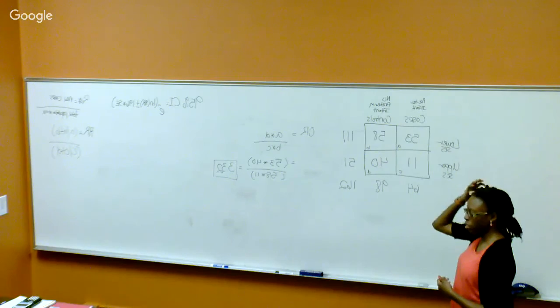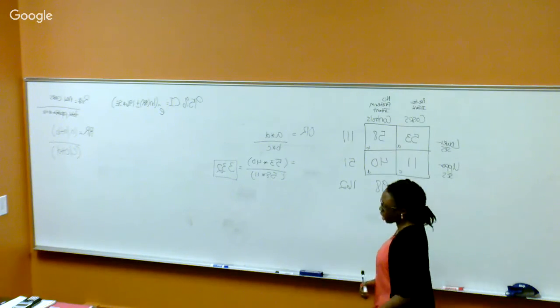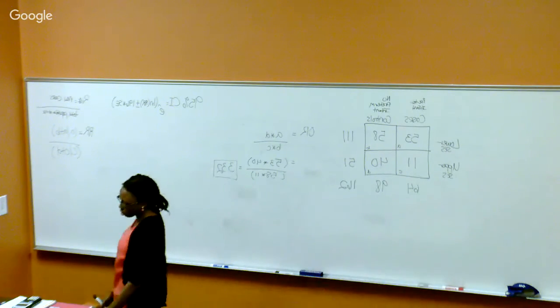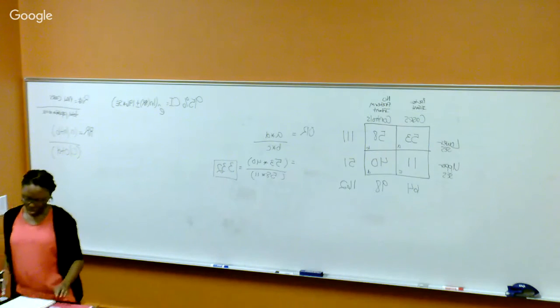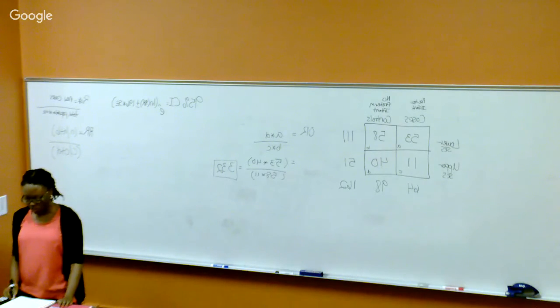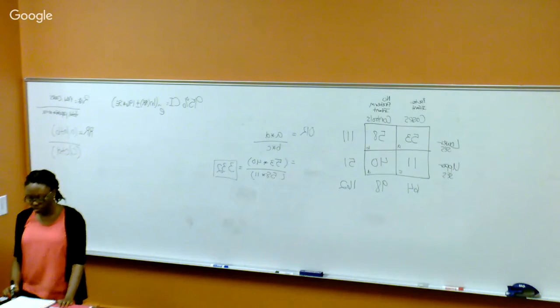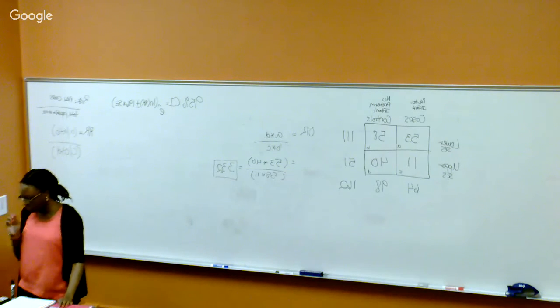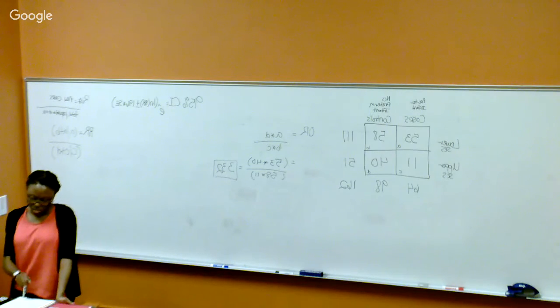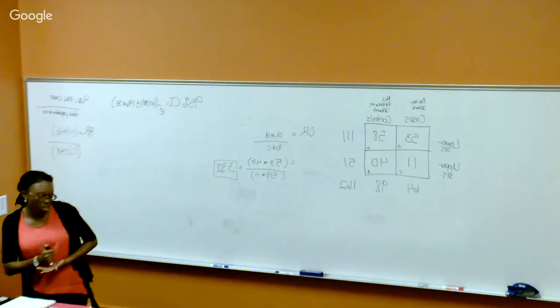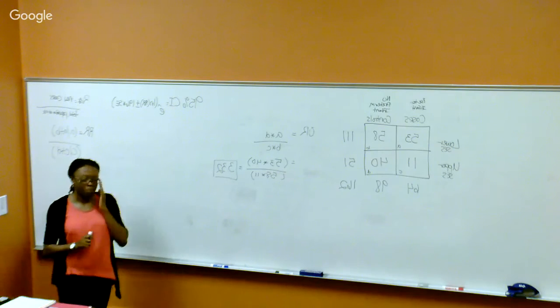Okay. So the next part is asking for the 95% confidence interval. So what do we need to do to calculate that? The formula.